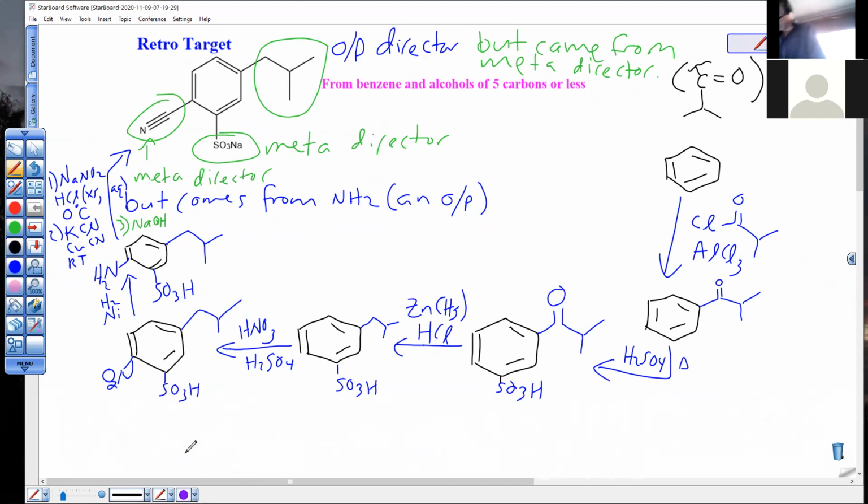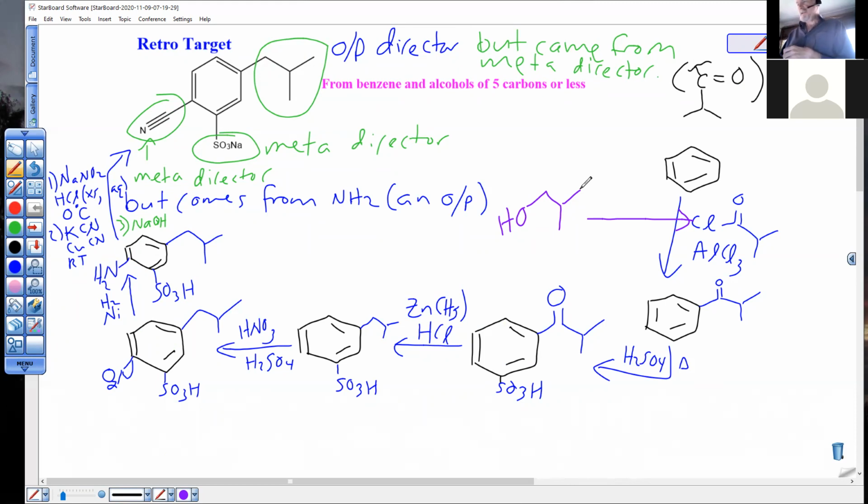I need to make somehow, some way, I need to make this acid halide from this alcohol. And that's 4 carbons. And how do you do that? That's not a one-step process either. That's 2 steps. Acid halide is a carboxylic acid derivative, can be made from a carboxylic acid.